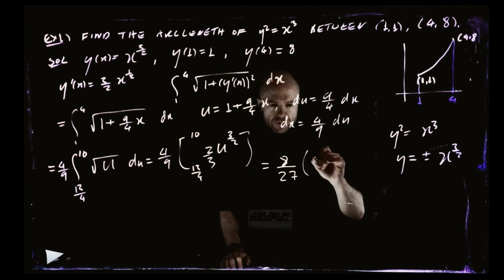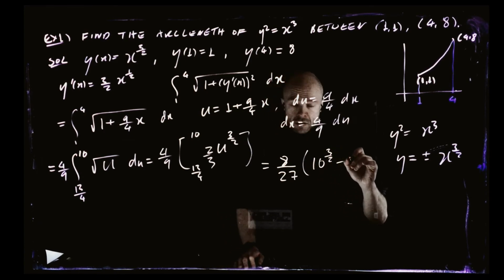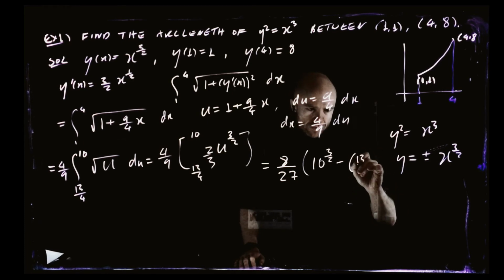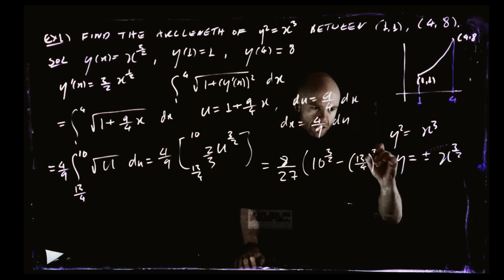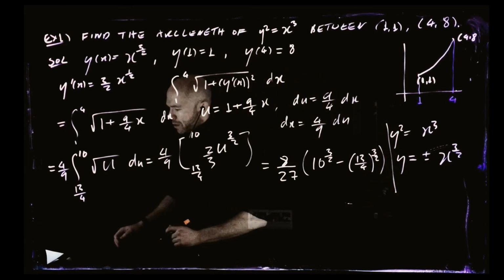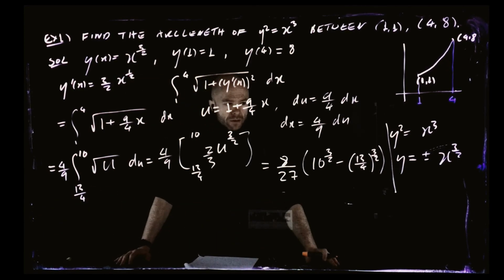And then we're going to have 10 to the 3 over 2 minus 13 over 4 to the 3 over 2. And that is our answer. Everybody happy?